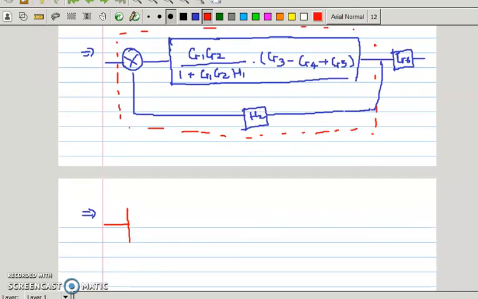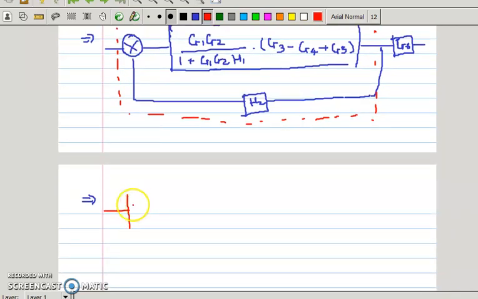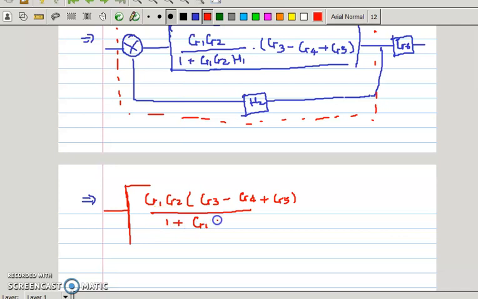Rule is very much simple. Feedback forward path at the top, that is G1 G2 in bracket G3 minus G4 plus G5, right? Divided by 1 plus G1 G2 H1, right?